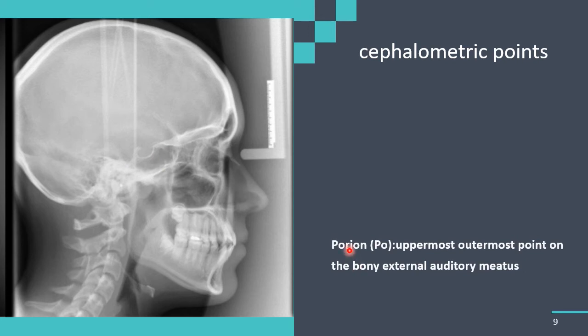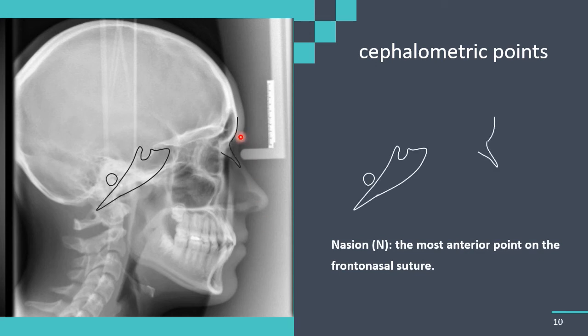The porion, or PO, represents the most upper and outer point of the bony external auditory meatus. Nasion also represents the most anterior point of the frontonasal suture, or the deepest point of the nasal bone.